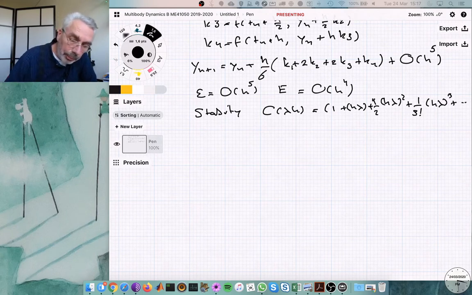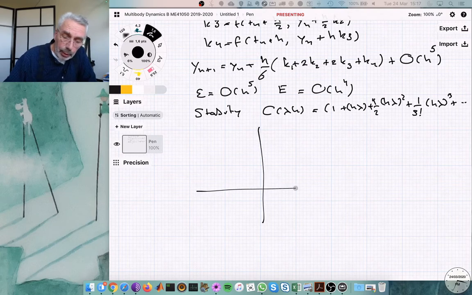Well, look in the book. It's a nice polynomial thing, and if you then plot that, and you cannot analytically calculate it anymore, but the real part and the imaginary part of H lambda, then I get a figure like this. It goes like this.